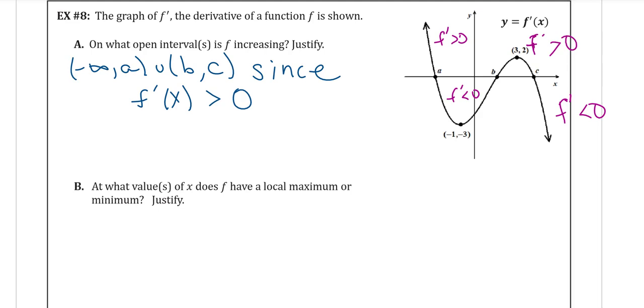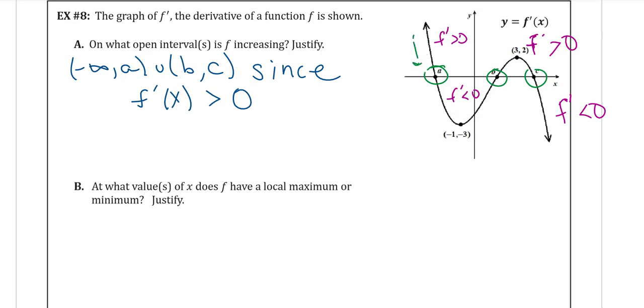At what values does x have a local minimum or maximum? Justify. That's going to happen at my zeros. So I have 3 zeros here. And you want to look at how the graph of the derivative is changing sign. So here we're going from positive to negative.